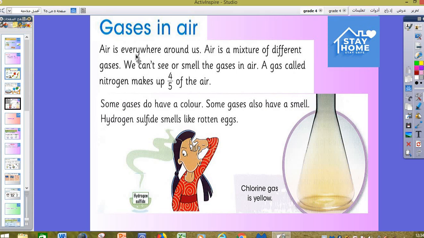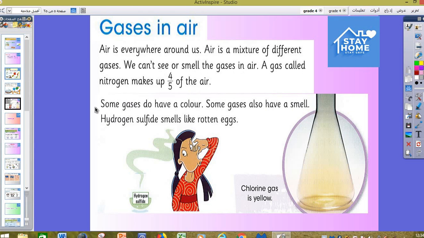After that, I need you to know that air is a mixture of different types of gases. And of course we cannot see or smell gases in air.